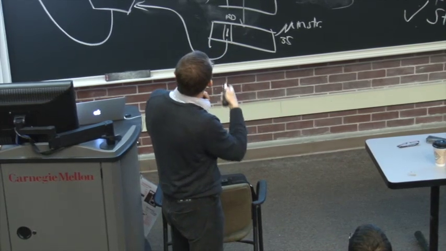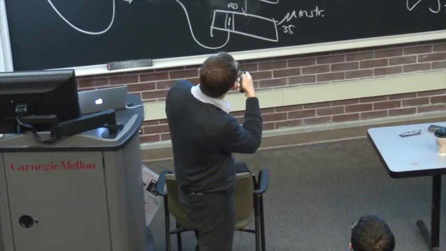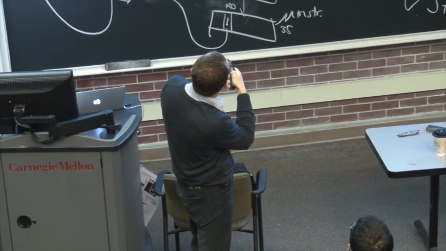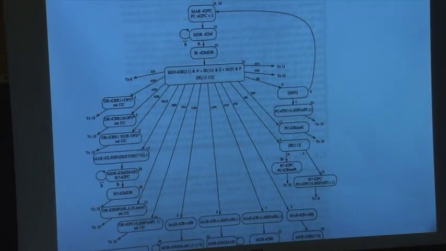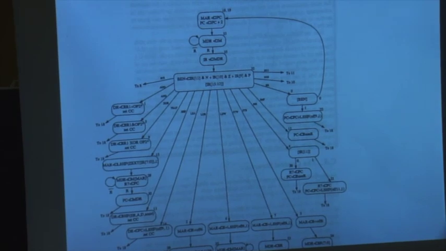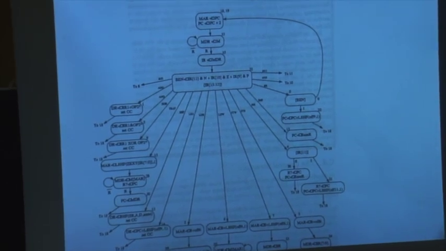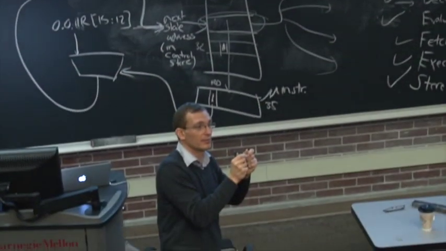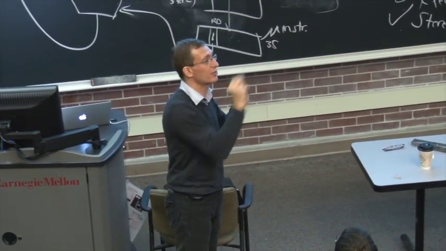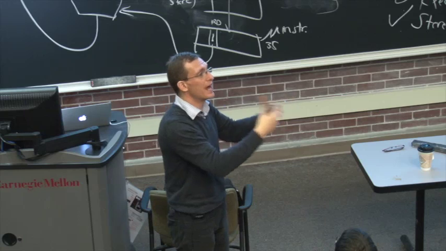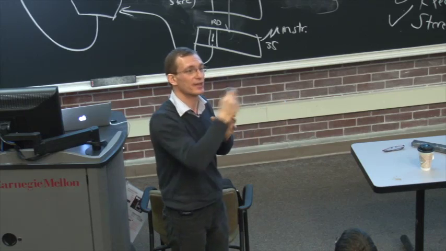The semantics of a branch in LC3B is that there are different kinds of branches. You can branch on any combination of these bits being true. Branch negative, for example, checks if the negative condition code is set, then branch. Otherwise, go to the next instruction.